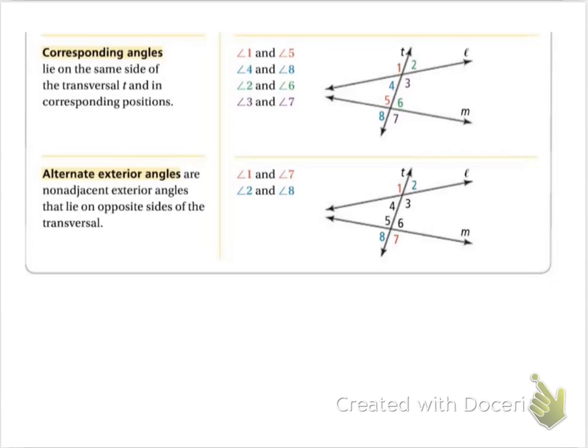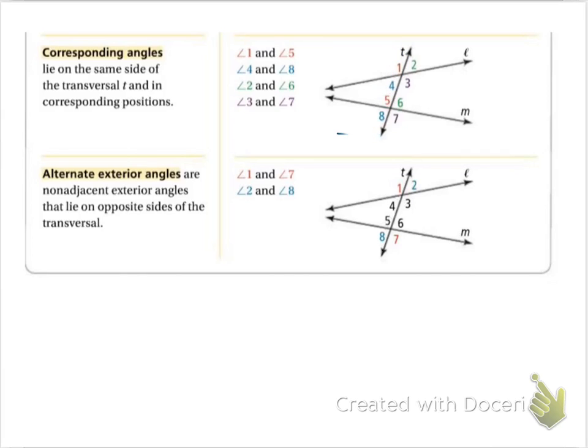Corresponding angles lie on the same side of the transversal and in corresponding position. When it says corresponding position, it's like it's in the same spot. So here's my transversal again, and see how this one is sitting on top of one of the lines, line L. Well, on the other line, it's still sitting on top of it. That's what we call corresponding.